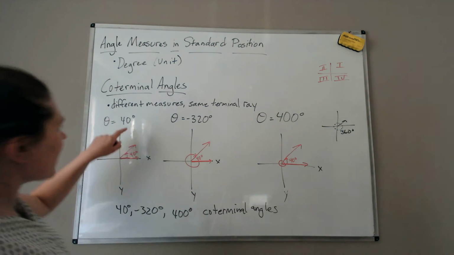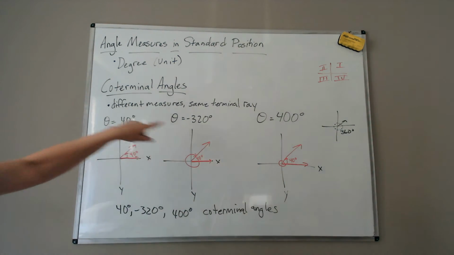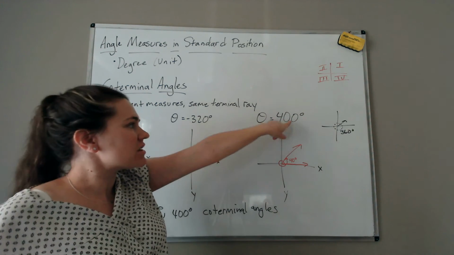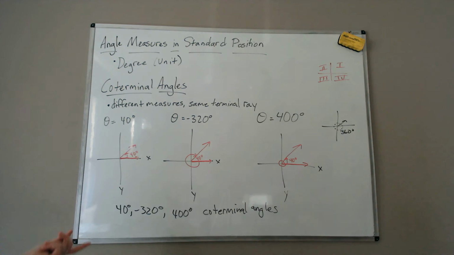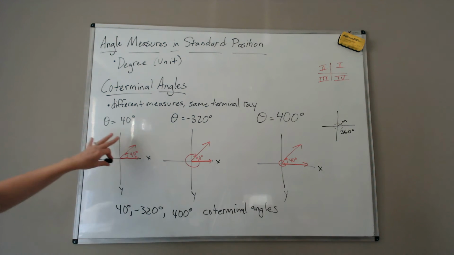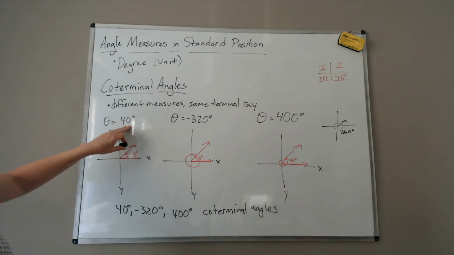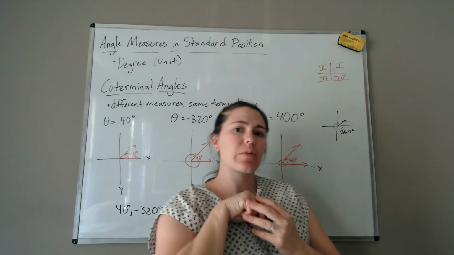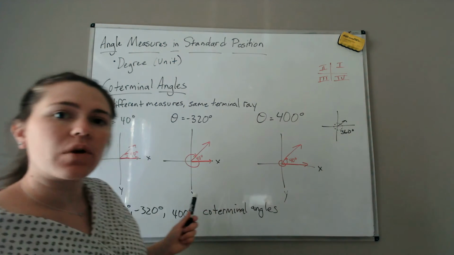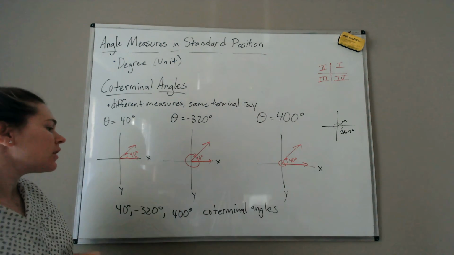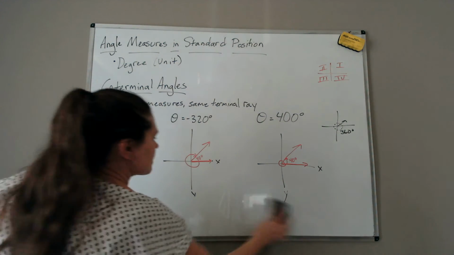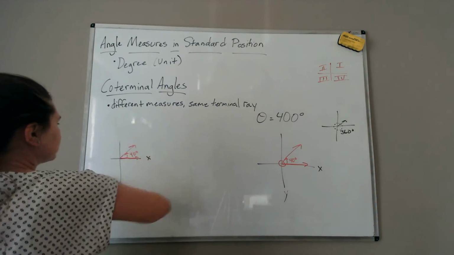So if I keep adding 360 degrees, right, 400 degrees, my terminal ray is going to be in the same spot. So if you keep adding or keep subtracting 360 degrees from any given angle, you'll hit every single coterminal angle to that one given angle, okay? So let's write that down.